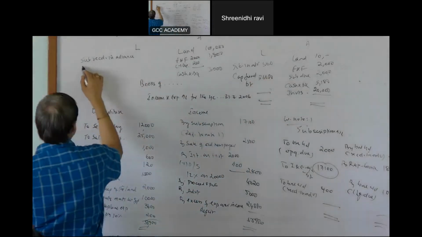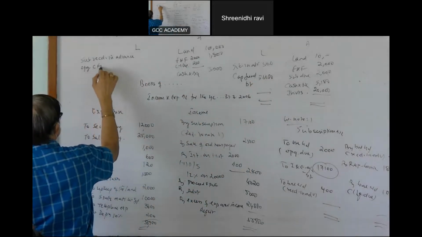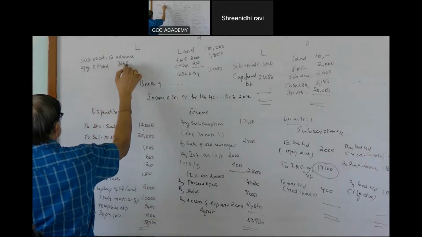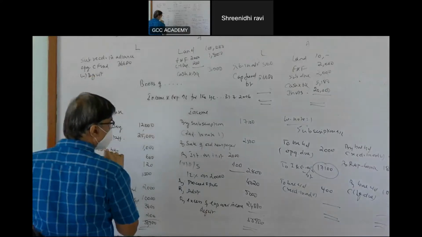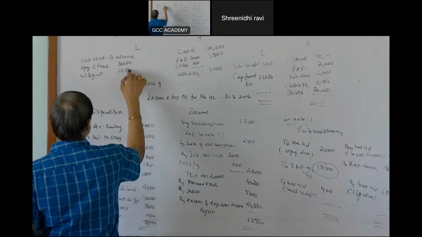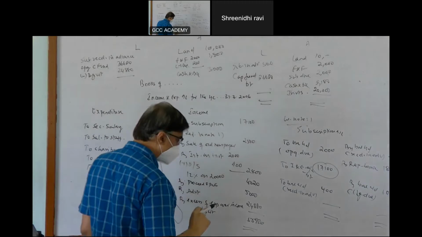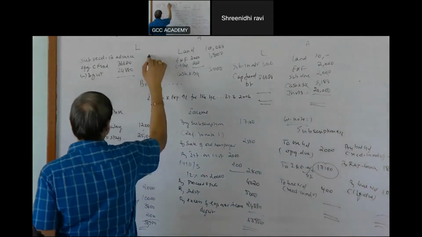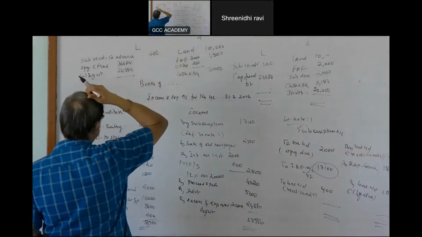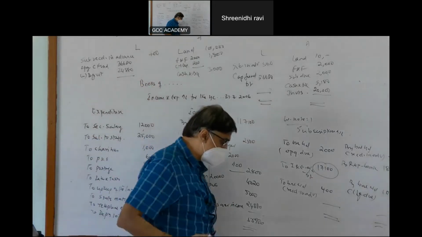So in the opening capital fund, 36,680 and less deficit. The deficit we just worked out is 24,880. What is the balance? Subscription received in advance, current year 400. Opening capital fund 36,680 minus deficit.